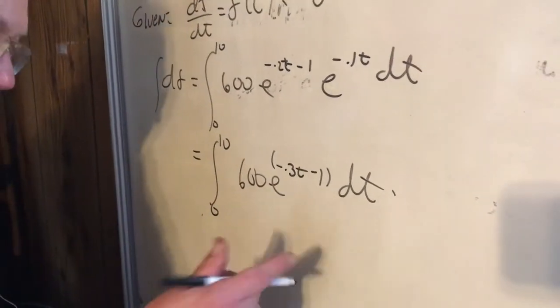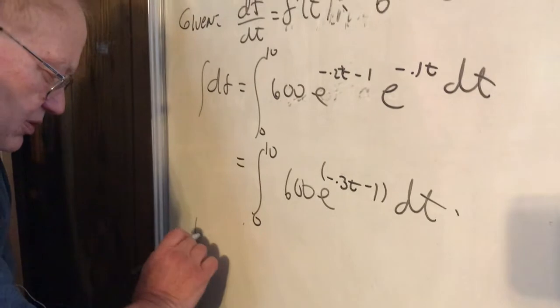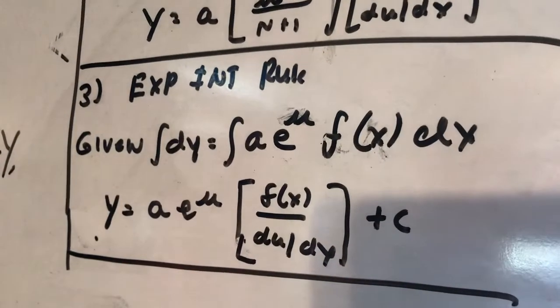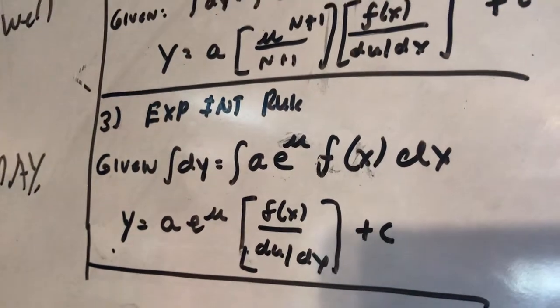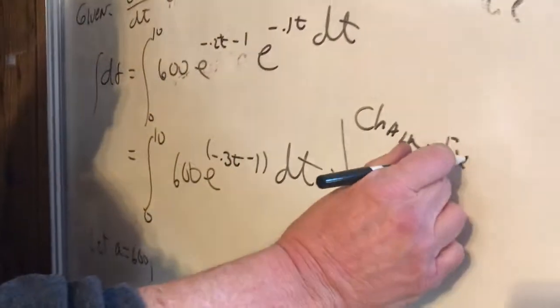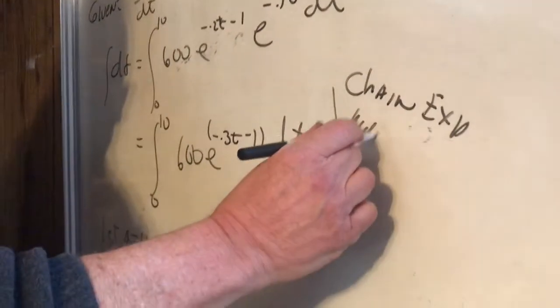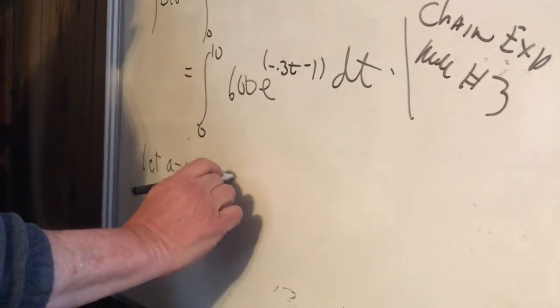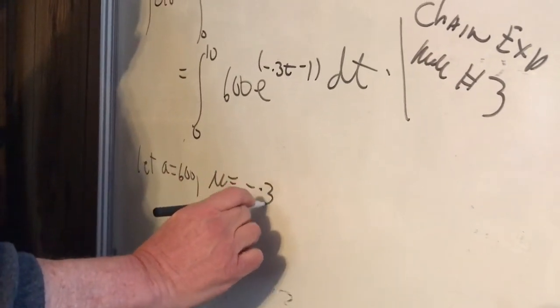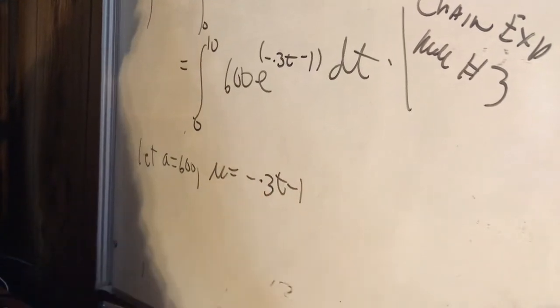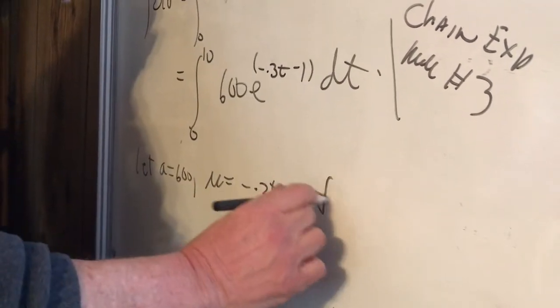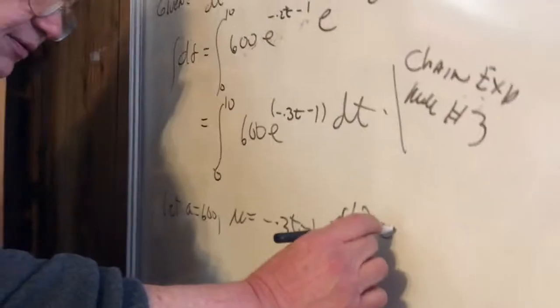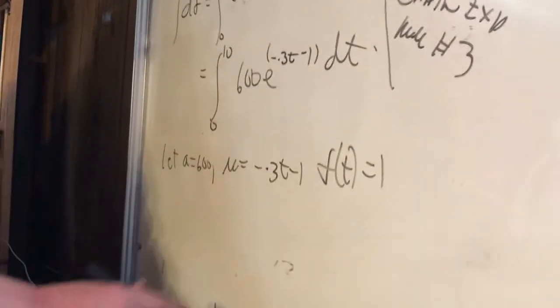This is the chain exponential rule, so let A equal 600. U is going to be equal to minus 0.3 t minus 1. F of t is going to be equal to 1; there is no f of t.